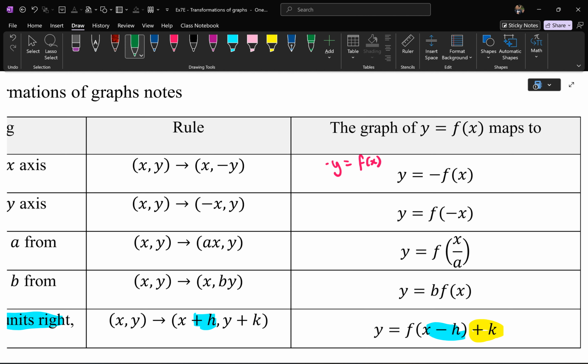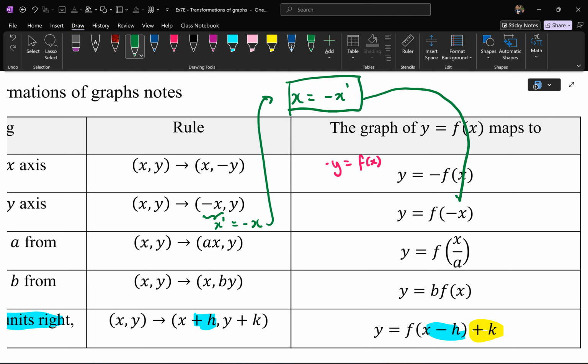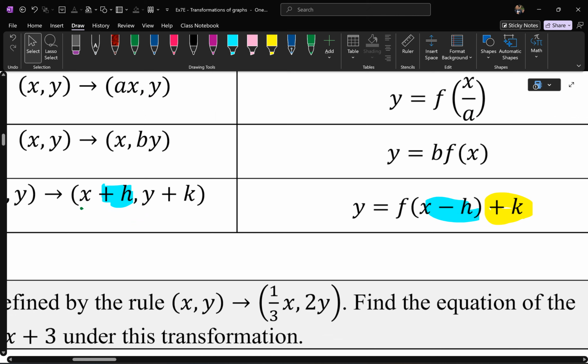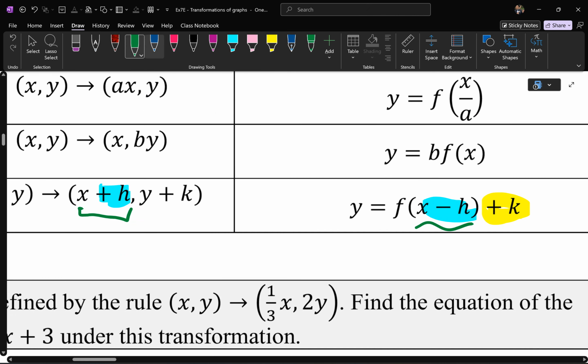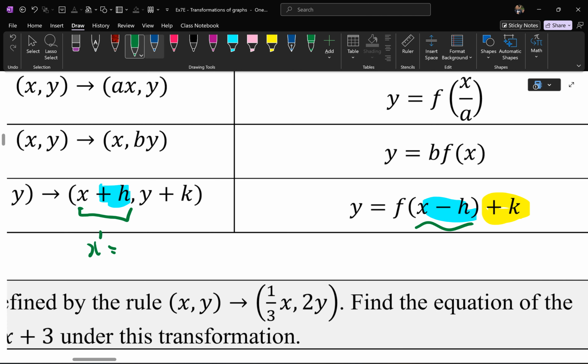Okay, and this process to go from here to here, if you wanted to see it, you actually have to do the mapping notation I taught you beforehand. You would say this is x dash is equal to negative of original x. Rearrange to get original x, and that's how they resubstituted this into the function. So if you're wondering why this is x plus h and then ends up being x minus h, the reason is because you're saying new x is equal to old x plus h.